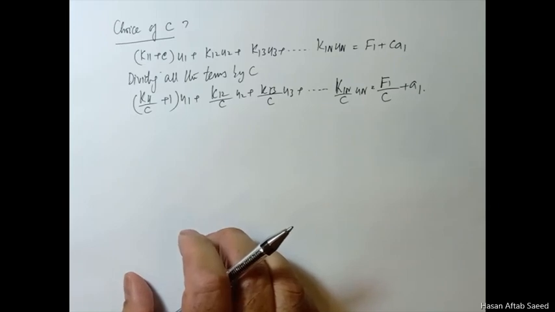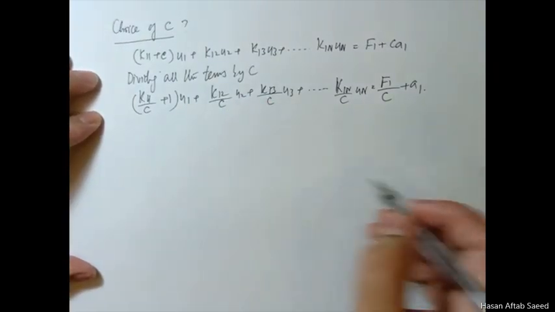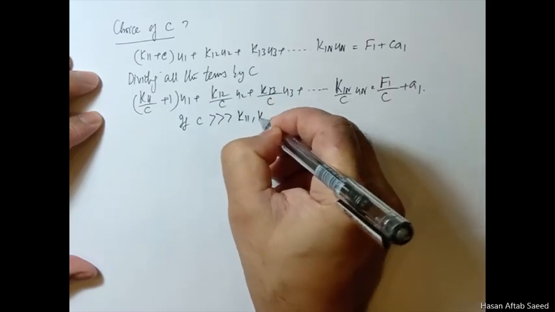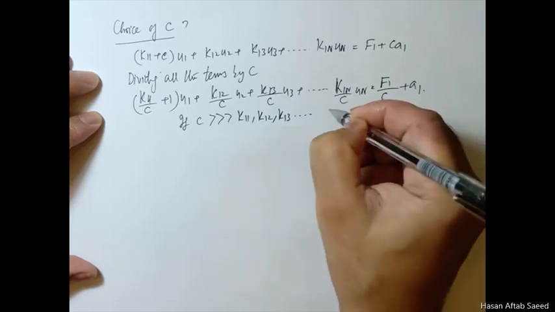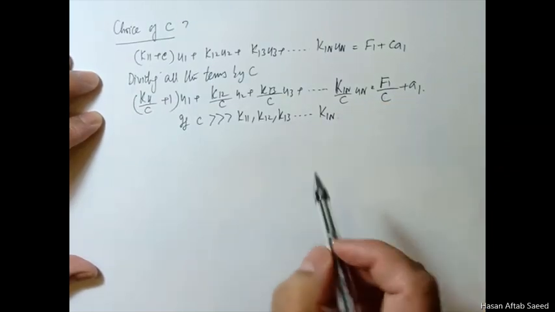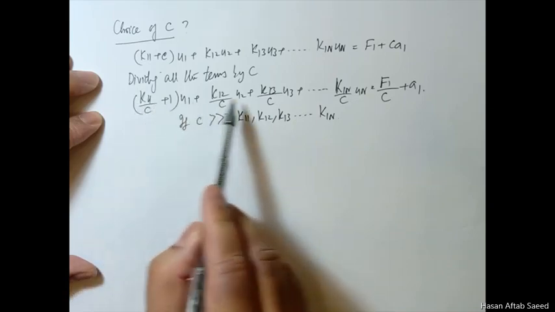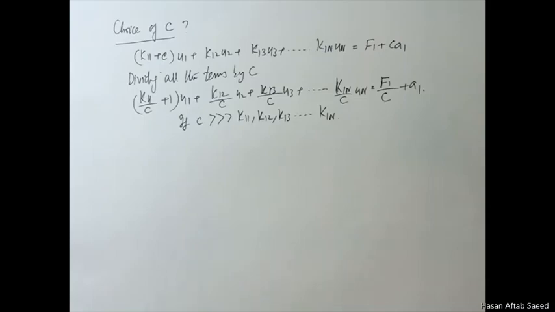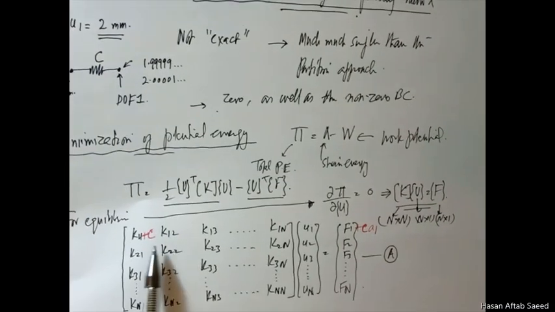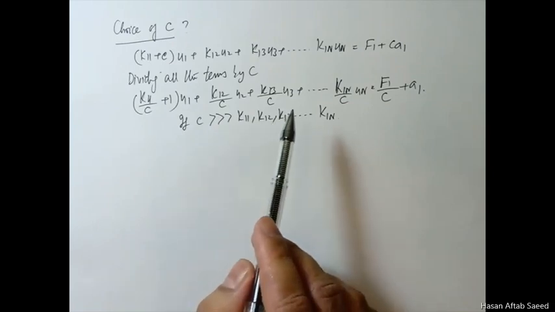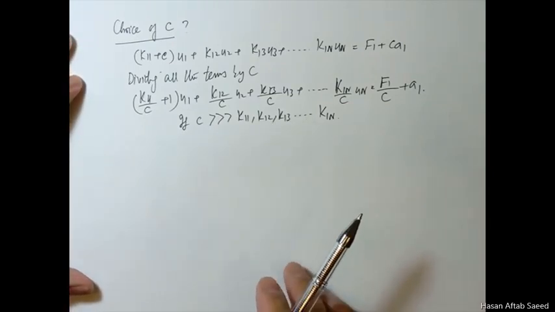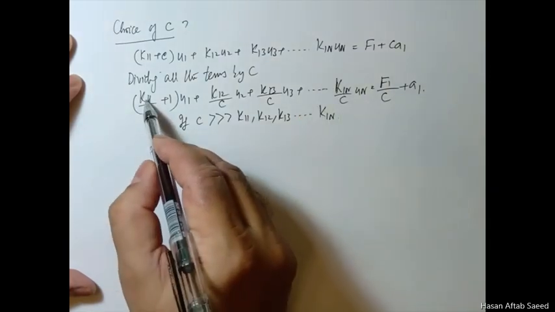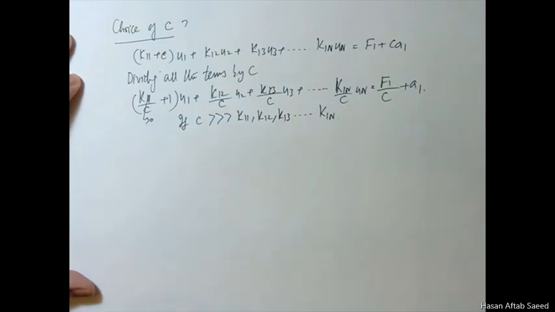Now, if we arrange that C is much greater than K11, K12, K13 up until K1n, we already know what the values of all these K's are when we are solving this. So if we arrange for C to be much greater than that, and by much greater, I'll explain what I mean here, then you can see that this becomes a very small number, so you can call it 0.